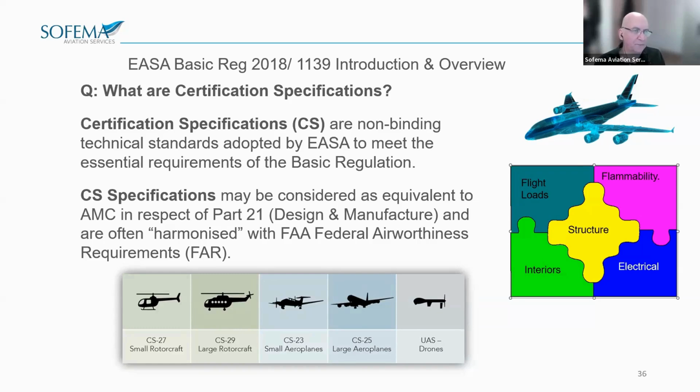And we have basically 5 groups of CS specs: CS27 specs, which relate to small helicopters, CS29 large helicopters, CS23 general aviation, light twin aircraft, etc., CS25 large aircraft and airliners, and another one for drones. So they've all got their specific design requirements for different types of aircraft.